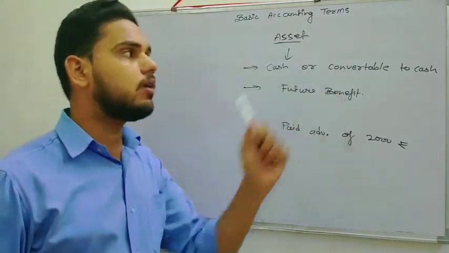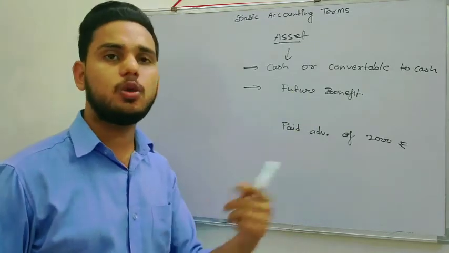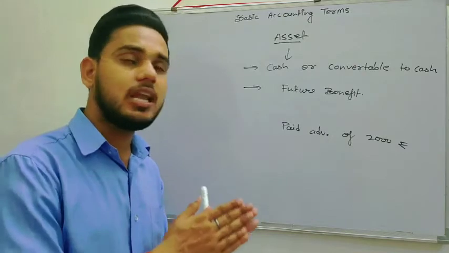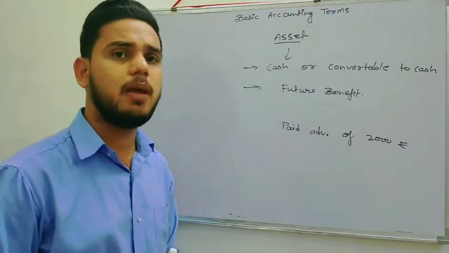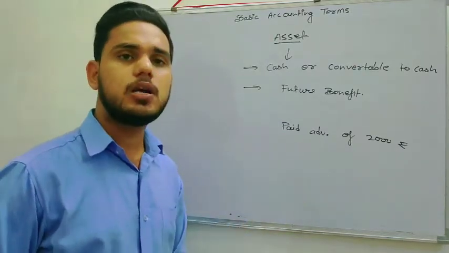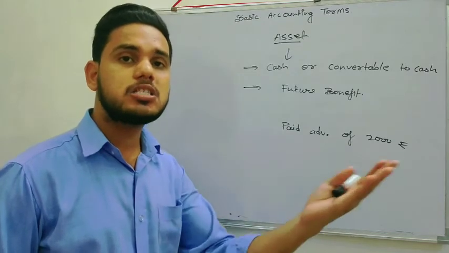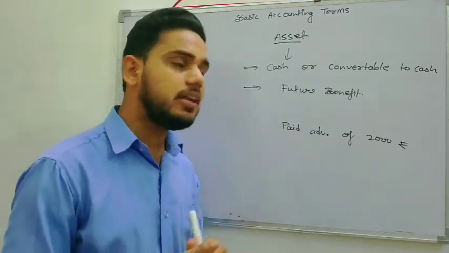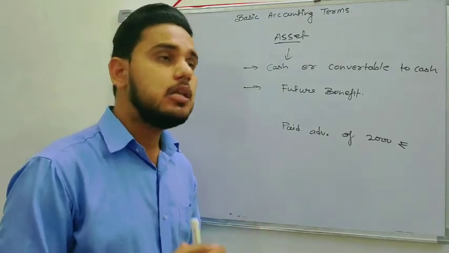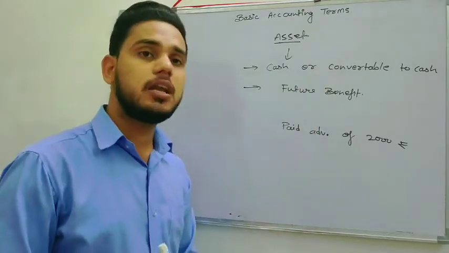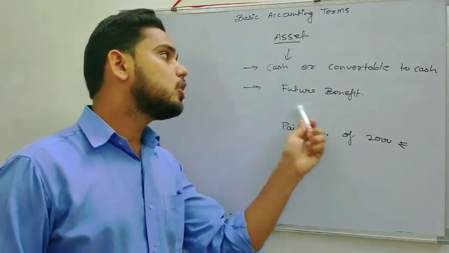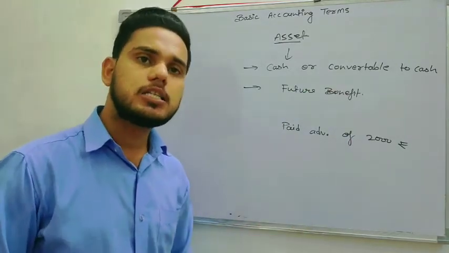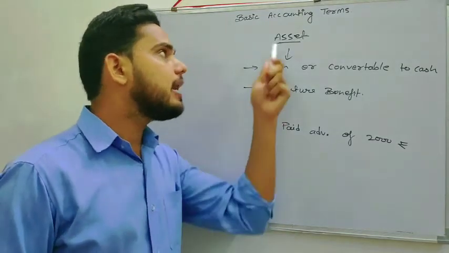You cannot convert this into cash. Of course you can take your money back, but normally in our business we don't take our money back if we have given advance to someone for supply of goods to us. So if you have given advance to your supplier, currently that is not convertible to cash, but in future you are receiving some benefit from it. You will receive stock, so that will be asset.